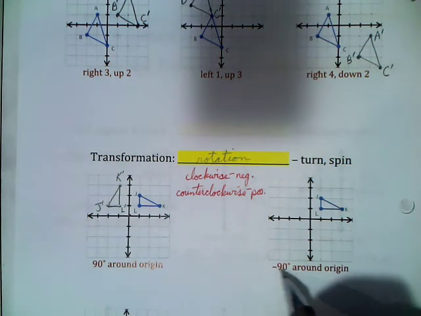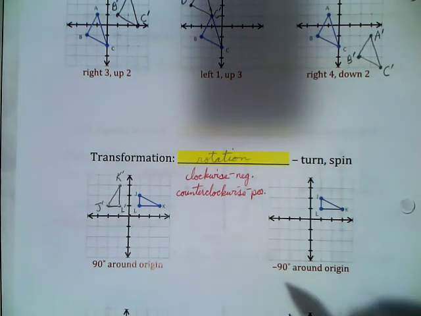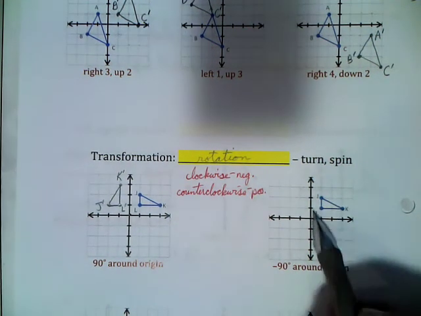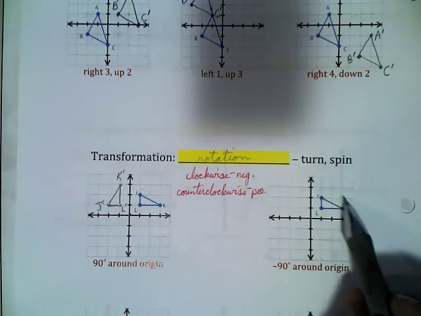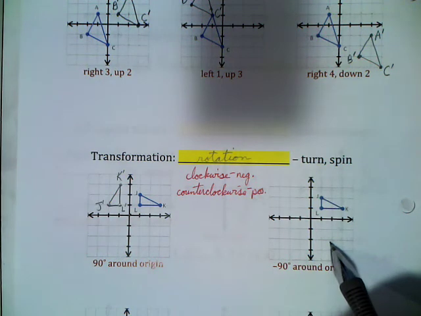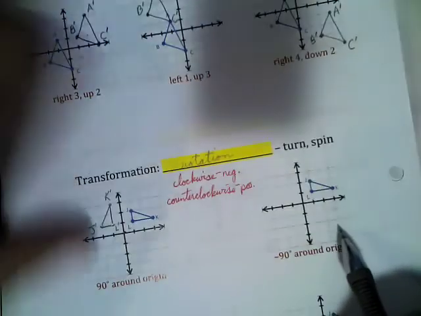So if I go a negative 90 degrees, negative is going to say clockwise. So clockwise would say I'm going from this, we call this a quadrant, so I'm going from this quadrant down to that quadrant. So I'm going to rotate my paper so that that quadrant takes the place of where my triangle used to be. So remember that to find J, we went 1 to the right and 2 up.